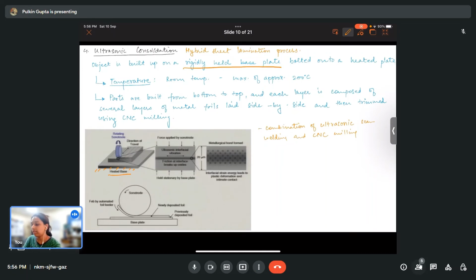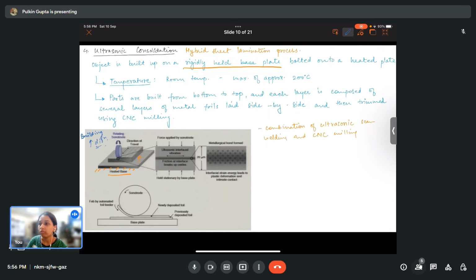Now parts are built from bottom to top. You can see this is your building direction.